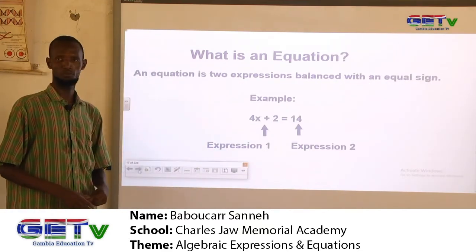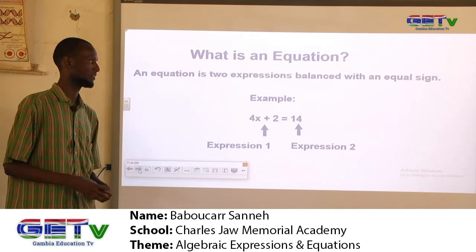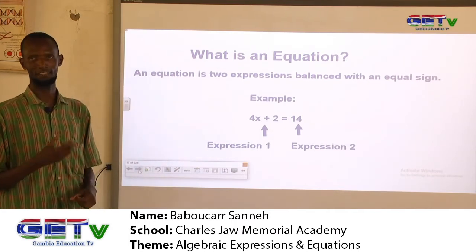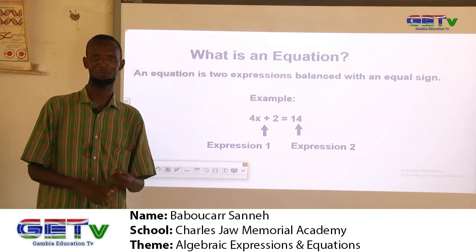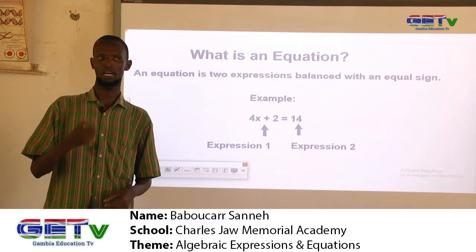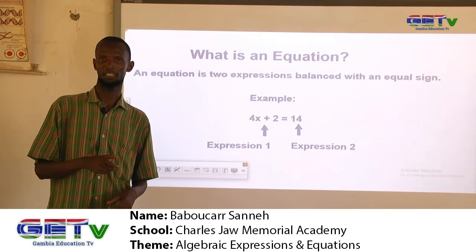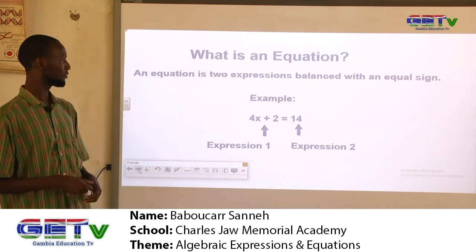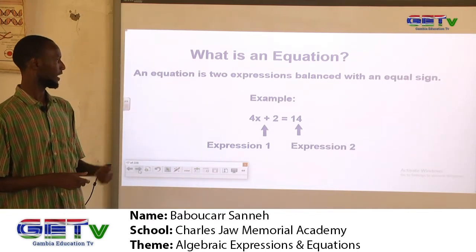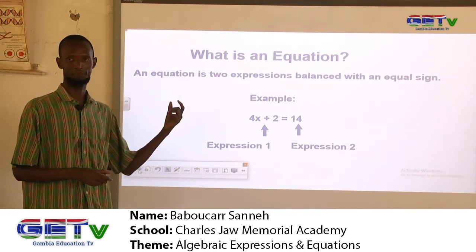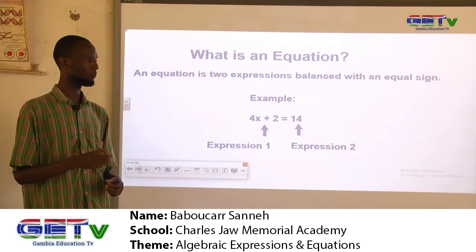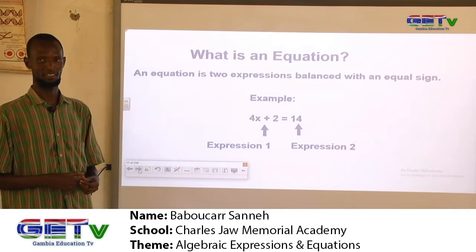So now we move on to what an equation is. We've just discussed that an expression contains numbers, variables, and at least an operation. Now we move on to what an equation is. An equation is two expressions balanced with an equal sign.